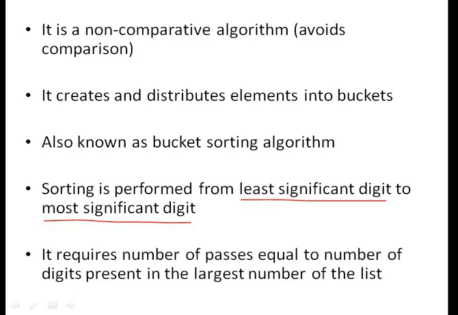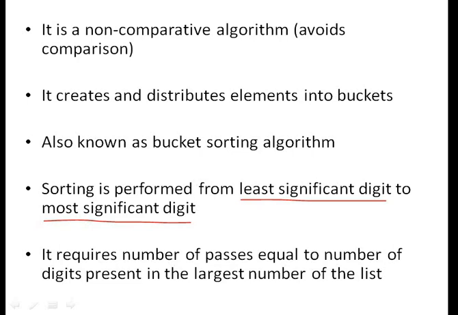Likewise, the sorting is done. It is performed from the least significant digit to the most significant digit: the digit in the units position, and likewise it goes on to tens, hundreds and thousands, depending upon the number of digits in your list.